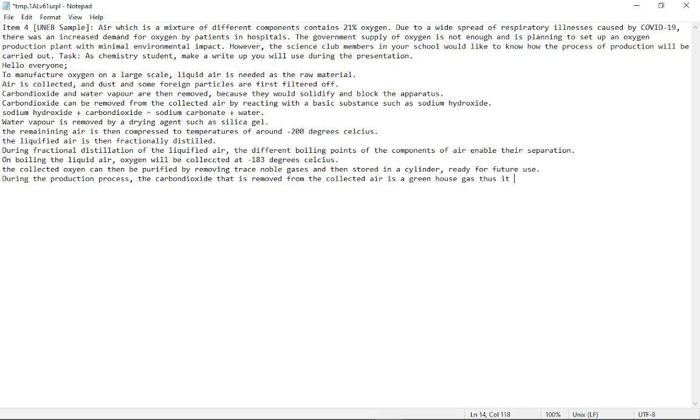Thus, it will contribute to global warming on accumulation, since it traps the heat, preventing it from escaping to the atmosphere.